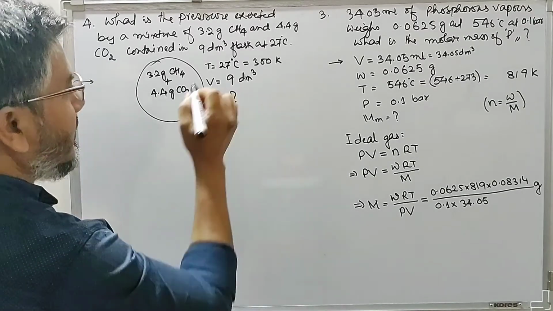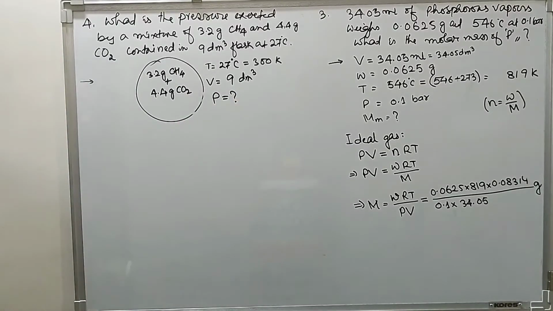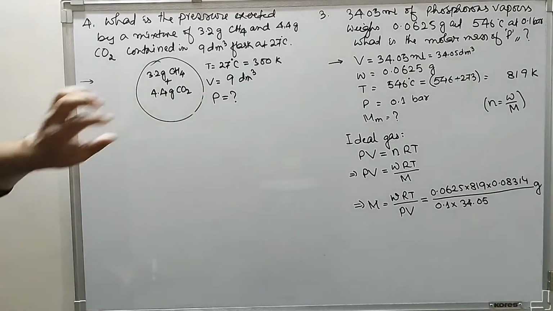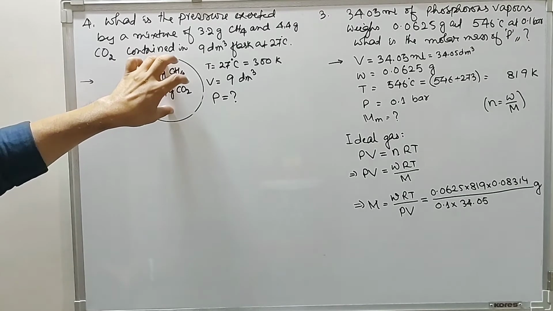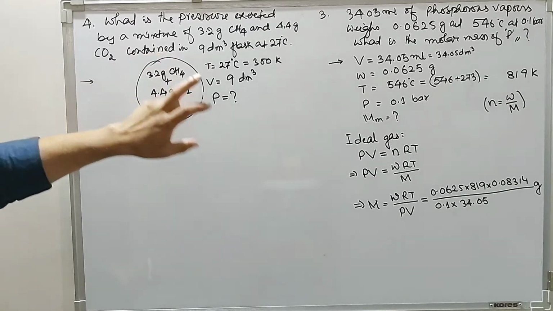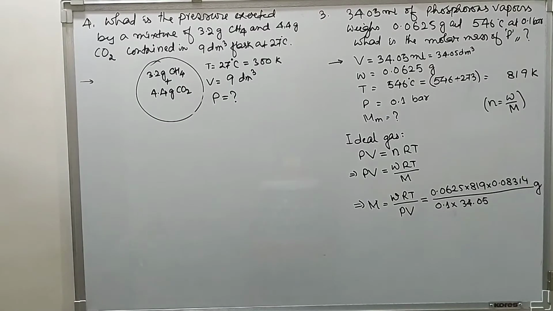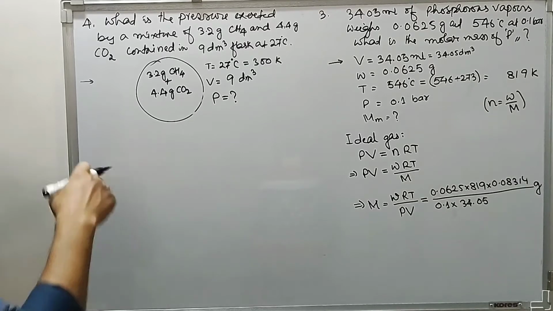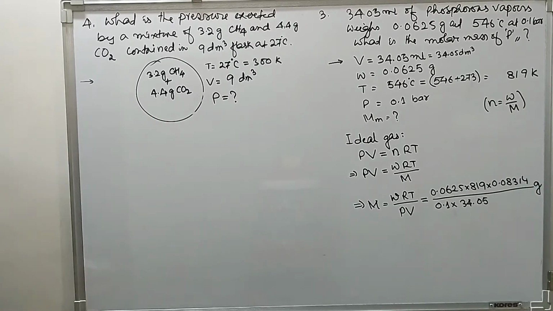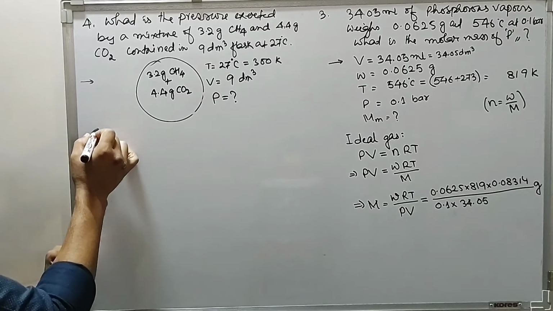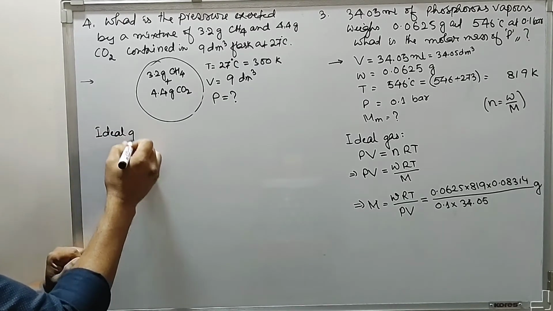Then question says, what is the pressure of the gas? So look at this, question clearly says temperature is given, volume is given, mass of the substance is given, then what is the pressure of the gas? Now, the question revolves around defining the pressure from volume, temperature and the mass of the gas. Now, to define this, again we have to take the help of ideal gas equation.